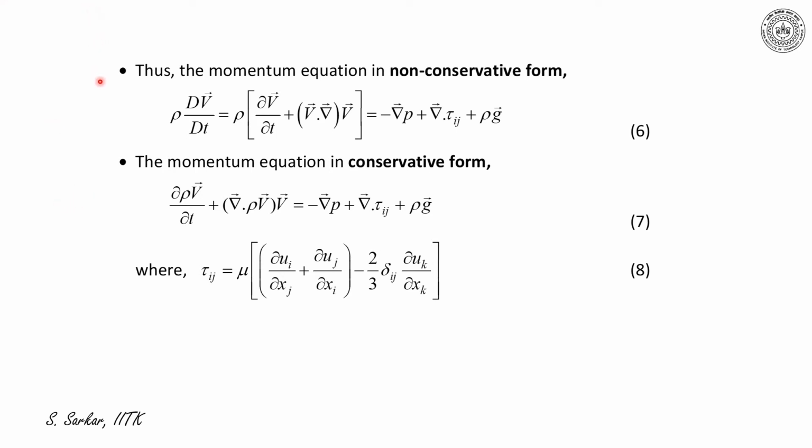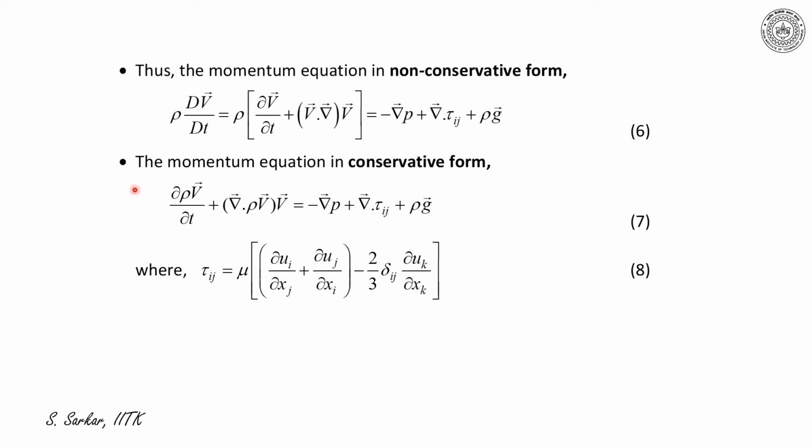When the equation is put to the non-conservative form, it is given by rho dv/dt is equal to rho within the bracket, del v/del t plus v dot del v, is equal to minus del p, that is the pressure force, plus del dot tau ij, that's here, plus rho g, that's the body force.